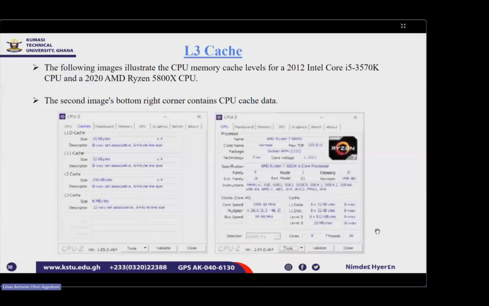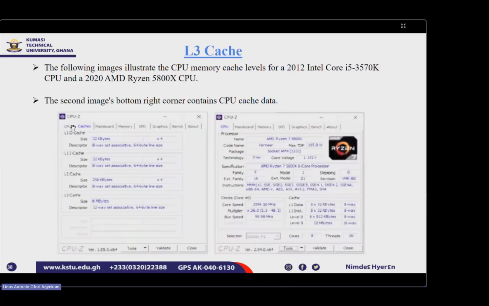So this slide gives a comparison between the 2012 Intel Core i5 3570K CPU and the 2020 AMD Ryzen 5800X.